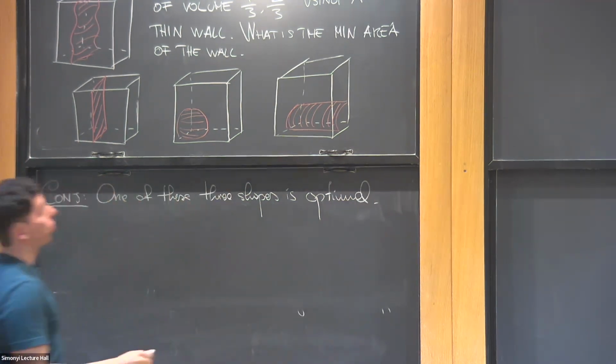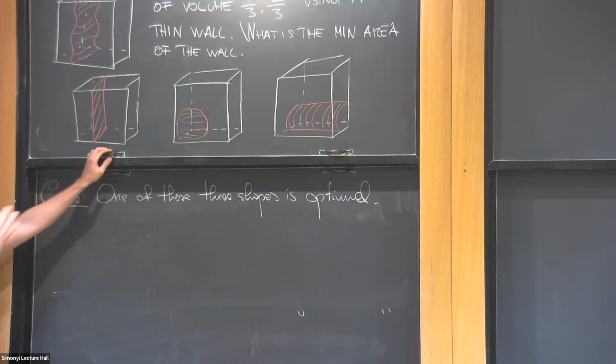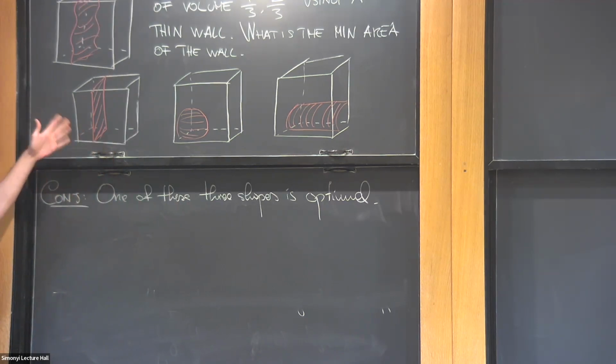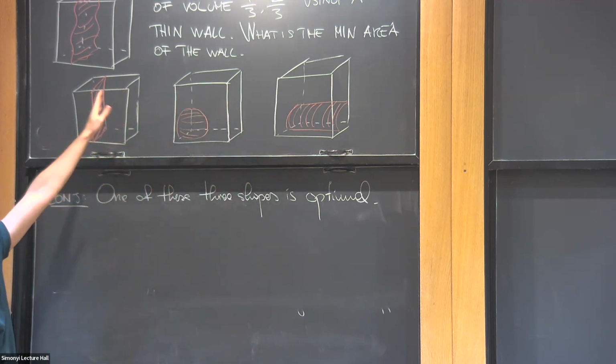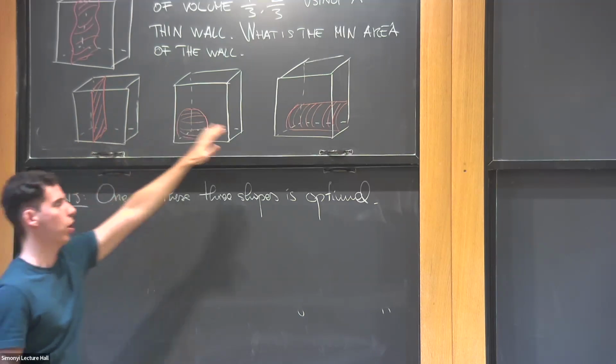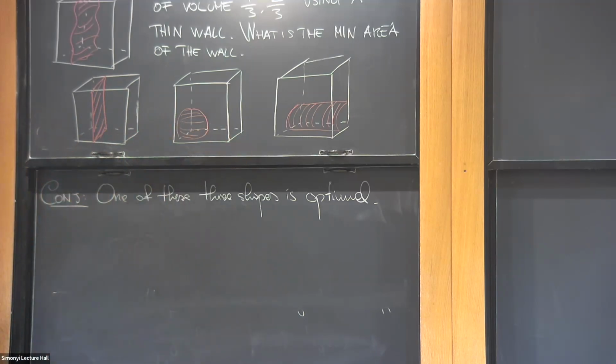Of course, it's not important that the splitting was 1/3, 2/3. You could choose any splitting, and the conjecture suggests that one of these three shapes is optimal. Given a volume, for example 1/3, you can tell which one of the three is best. But the conjecture is that this is best in all cases.